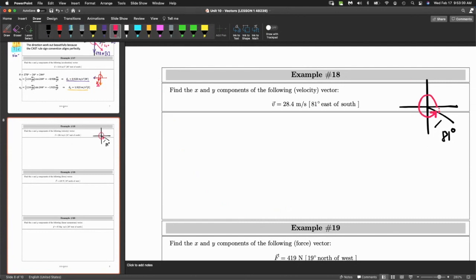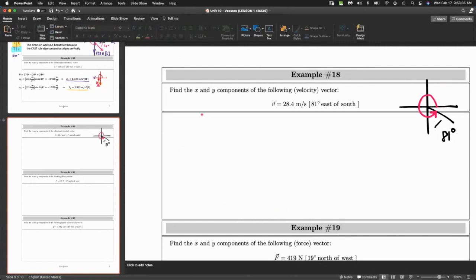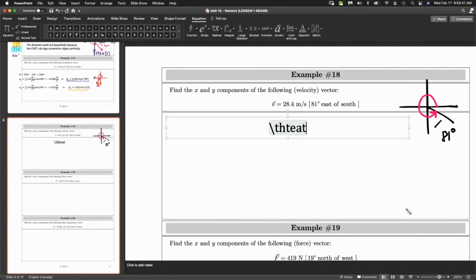Can someone confirm they agree with that? So that's 270 plus 81 degrees, or 351 degrees.